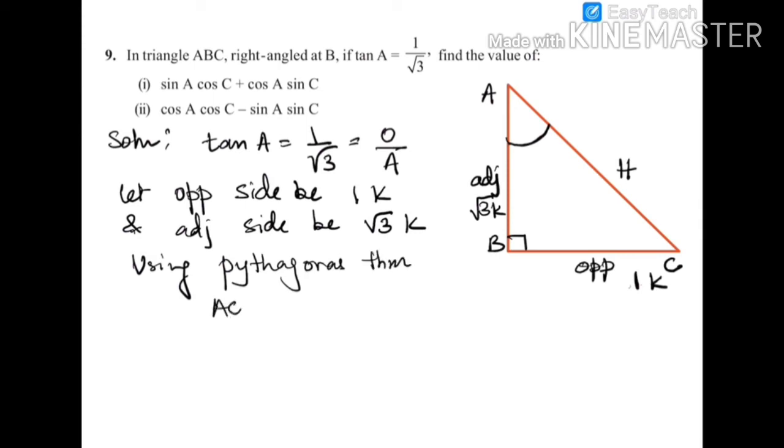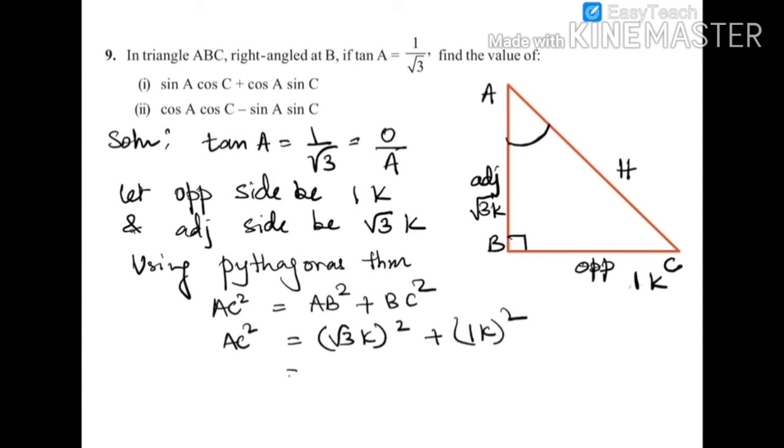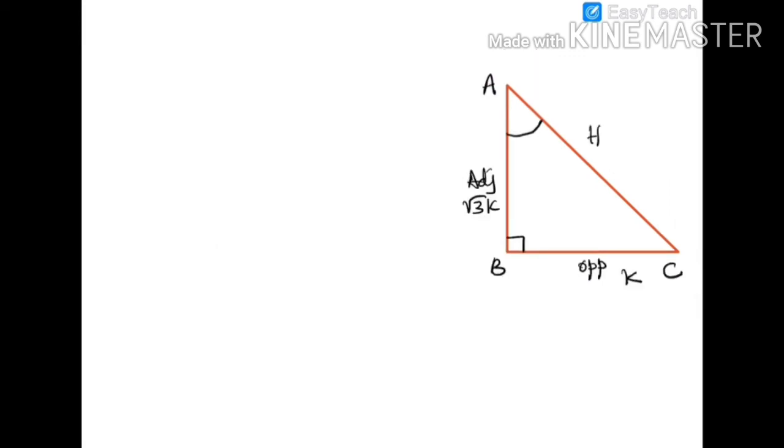So AC square will be equal to AB square plus BC square. So AC square is equal to root 3k square plus 1k square. This is 3k square plus 1k square, which is 4k square. So on taking square root, AC will be 2k. So let's mark the hypotenuse in the figure.